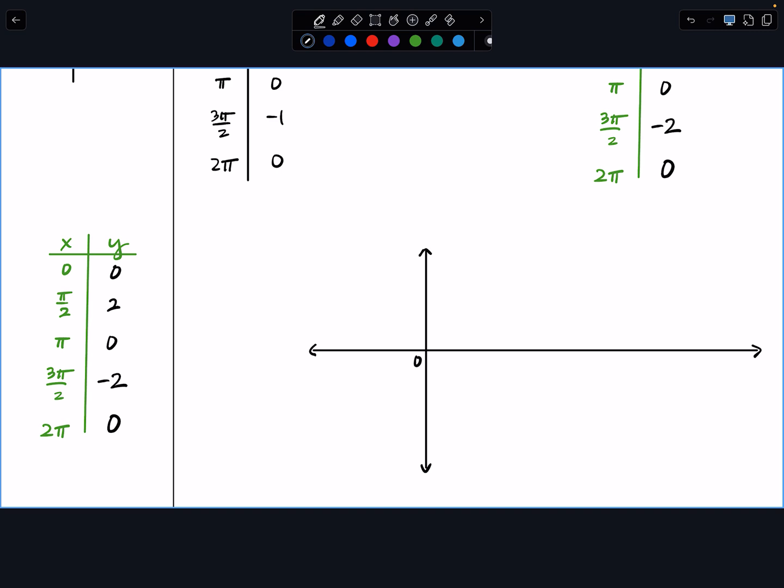So here's 0. I have pi over 2, pi, 3 pi over 2, 2 pi.